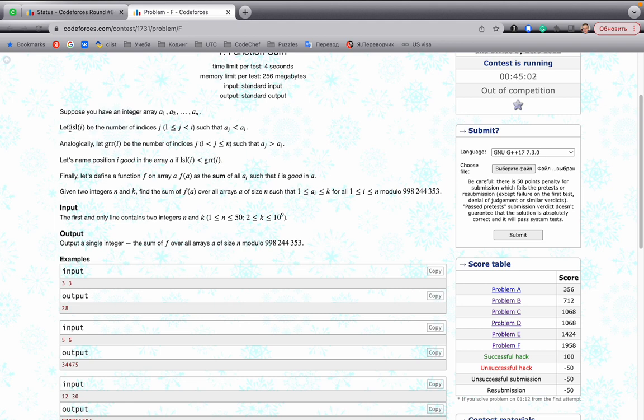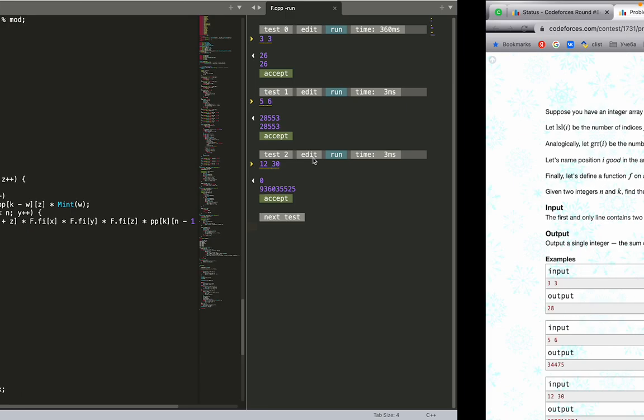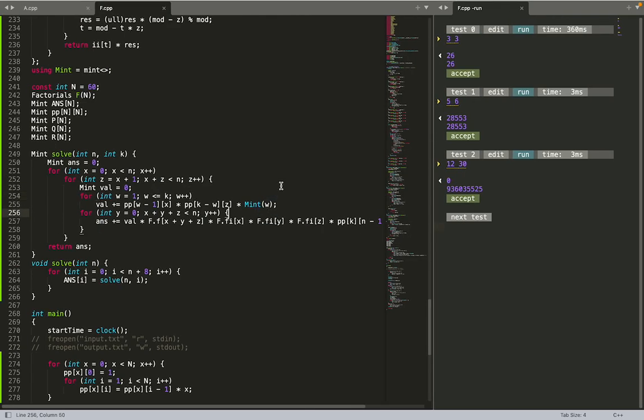I still want to fix this. It will be easy to do in n to the fifth, just iterate over x, z, and i.